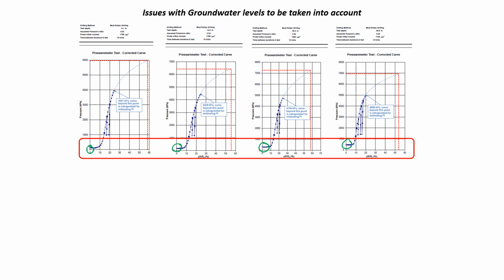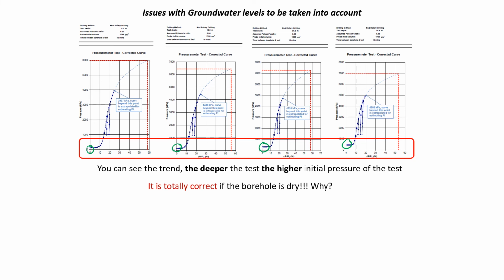Every time, the deeper you go, the higher the initial pressure. Guys, it would be absolutely correct that the deeper you go, the higher the initial pressure of the test, if you are doing your test in a dry borehole. That means you have clay, for example, and you make your hole with a small auger, totally fine. And definitely the deeper you go, the higher the initial pressure is going to be.